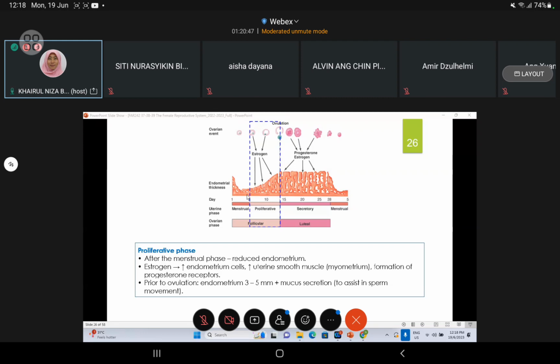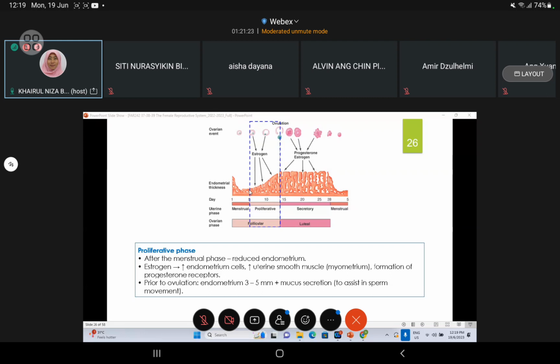We know that after the menstrual phase, the thickness of the endometrium will be reduced because the wall has been sloughed off and taken out of the body. So when a lot of estrogen is produced, estrogen acts upon the endometrium cells, as well as on the uterine smooth muscle known as the myometrium, and they start to develop. So the thickness of the endometrium starts to increase.